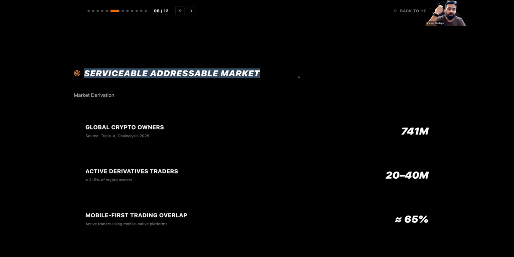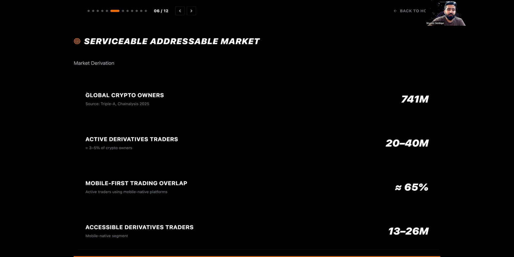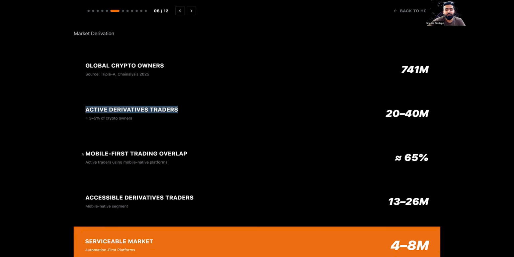And if we straight away go to the serviceable addressable market that we have with Rift, global crypto owners are 741 million on this planet. Then there are 20 to 40 million active derivative traders. Then mobile first trading overlap is around 65% of this population.